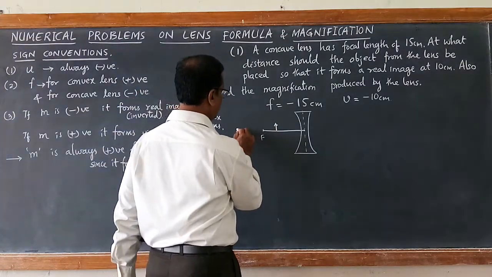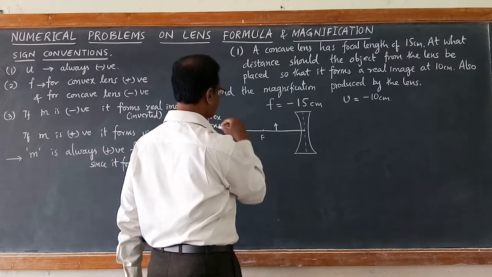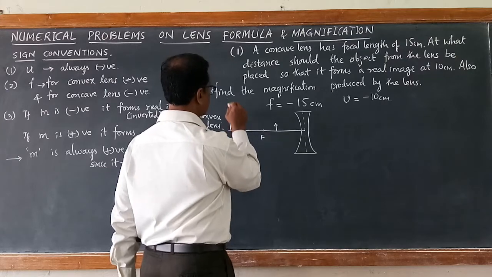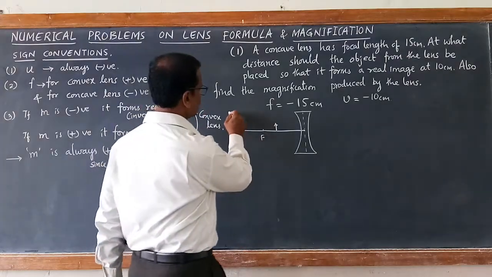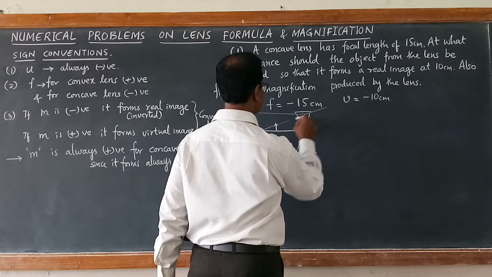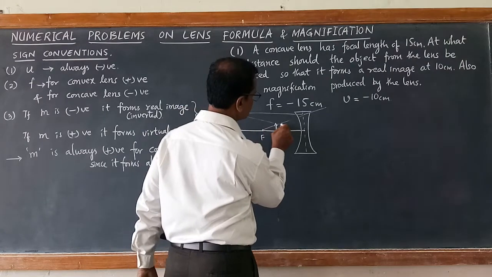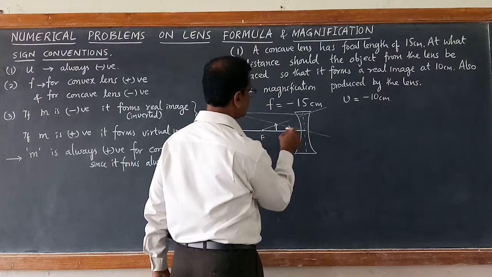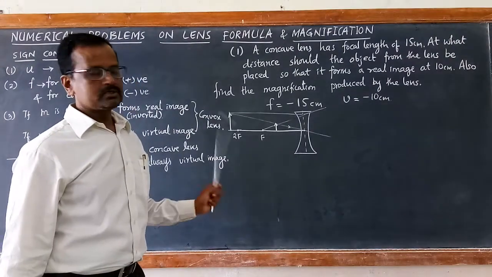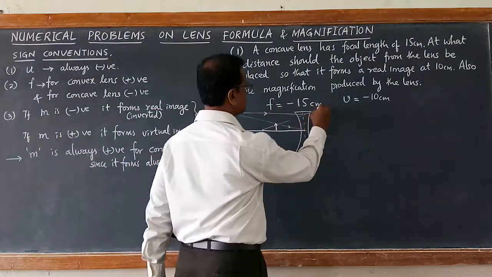Somewhere the object must be here on the principal axis, so that the rays after divergence appear to pass through the focal point, and another ray passing through the optic center goes undeviated, and thus it forms the virtual image. This we have already learned in the previous session.